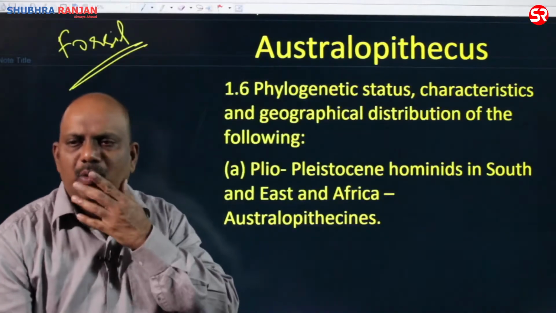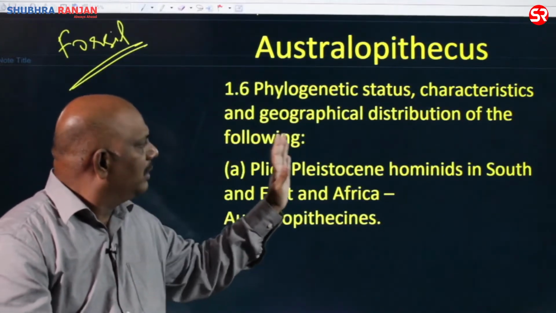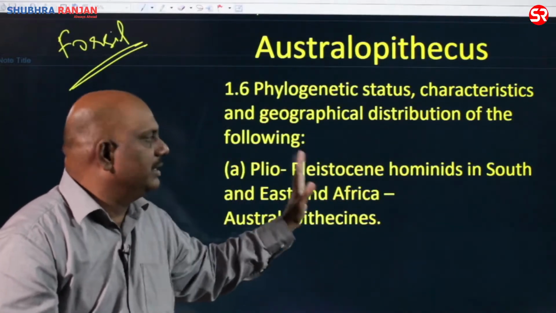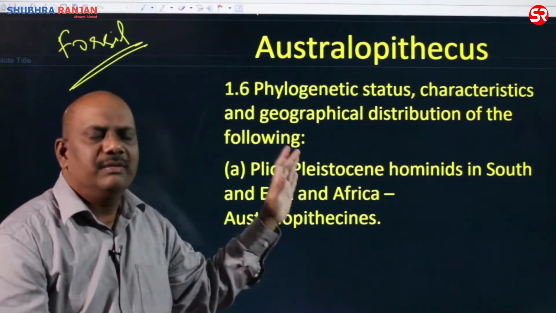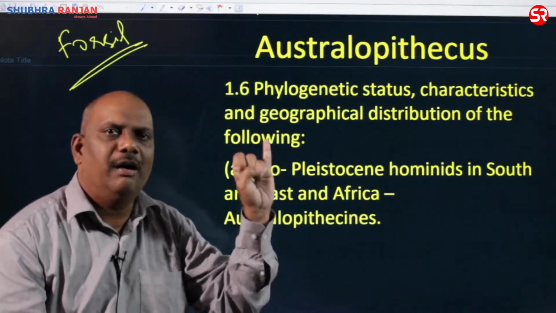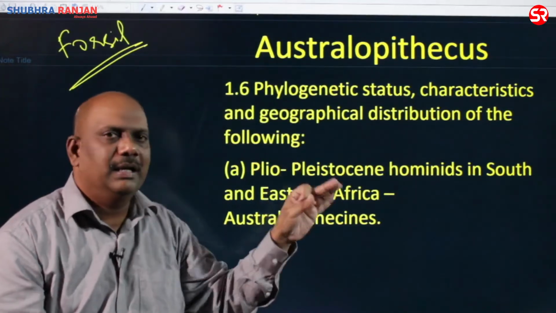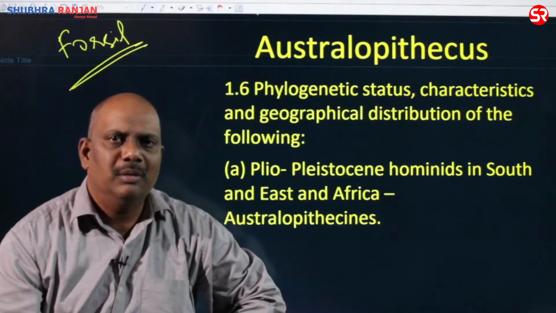So now you all should be comfortable with the term Pleistocene hominids in South and East Africa. By Pleistocene we refer to the Pliocene period of the Tertiary epoch and the Pleistocene period of the Quaternary period.